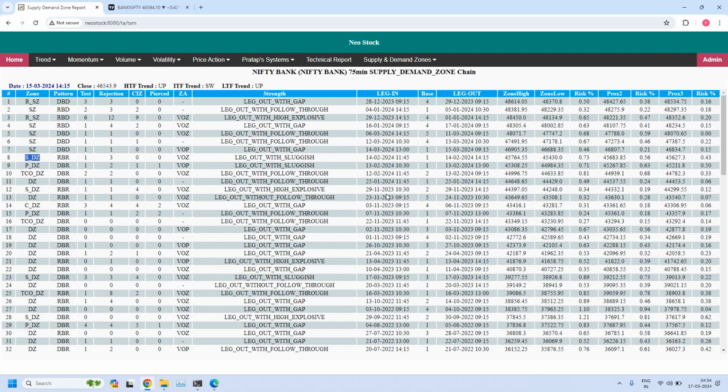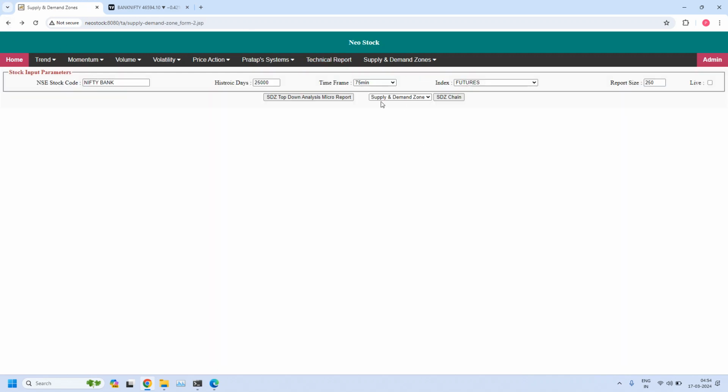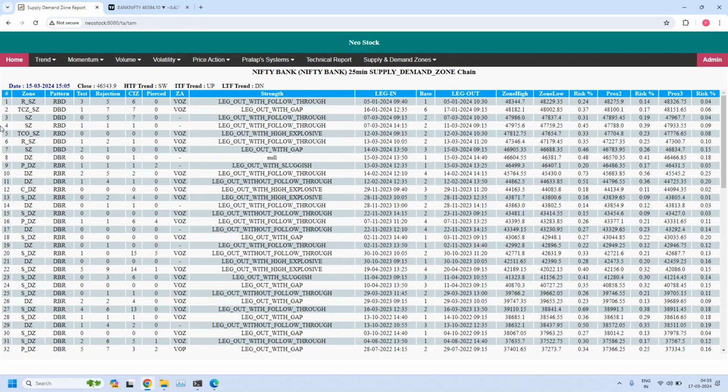Now let us move on to the next time frame, the 25 minutes time frame, and let us generate the chain. So this is the 25 minutes demand and supply zone chain. From now onwards, we focus only on high liquidity zones.